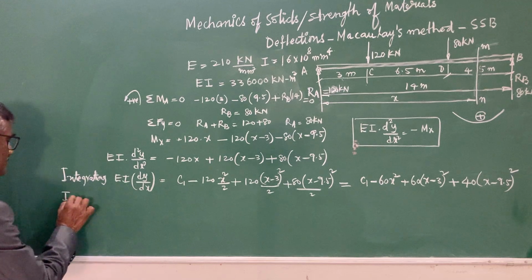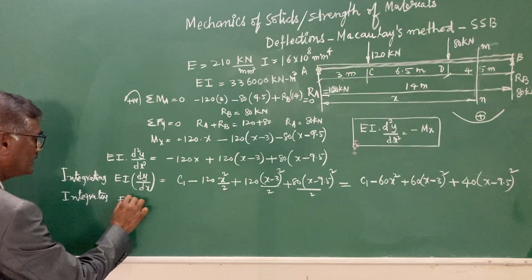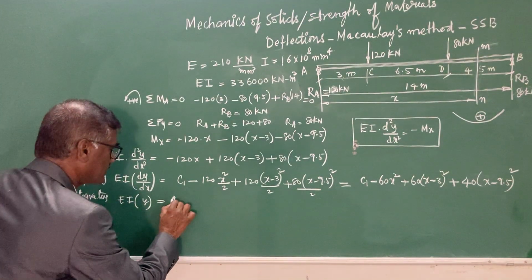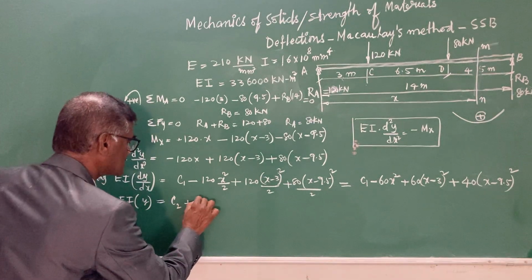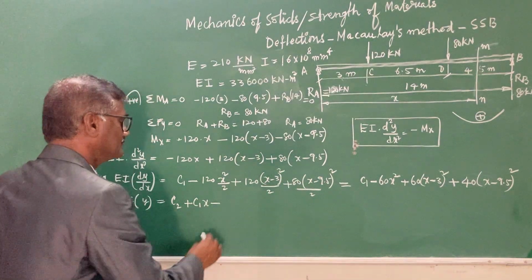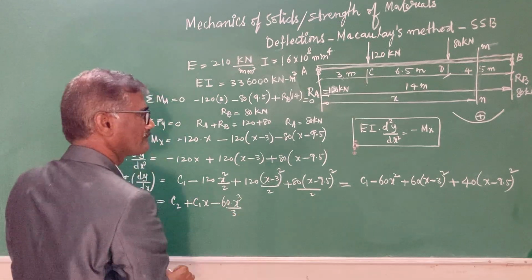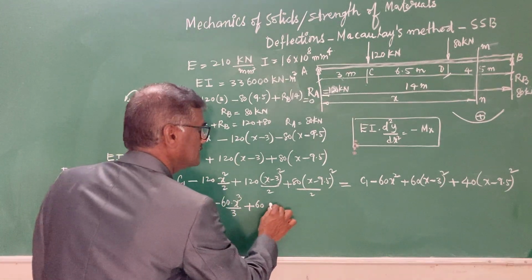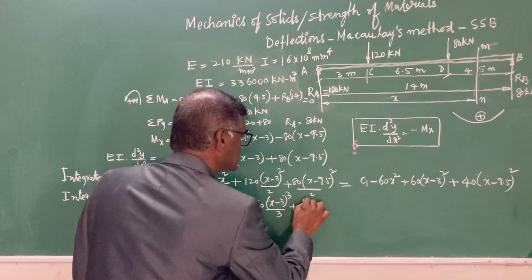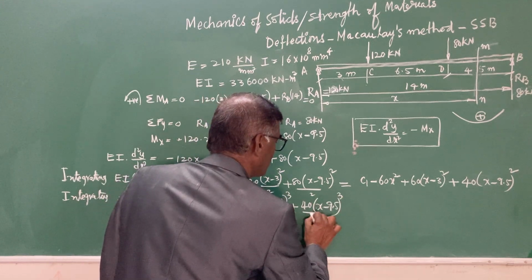Further integrating, we have EI into y, the deflection, and the second constant of integration I am writing as C2, plus C1. Integral of C1 is C1x, minus 40 into x cube by 3, plus 60 x minus 3 cube by 3, plus 40 x minus 9.5 cube by 3.